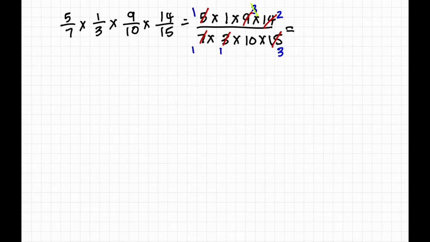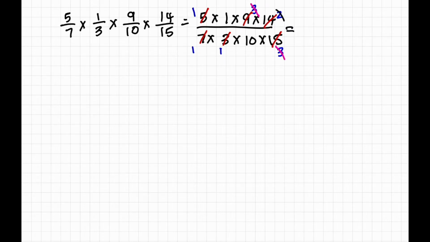So we'll cancel out the 3's. Wait, I'll do it in a better color. Pink. So we're going to cancel out the 3's. And then what do we have? The last thing we have left is 10 and 2, and both of those are divisible by 2.